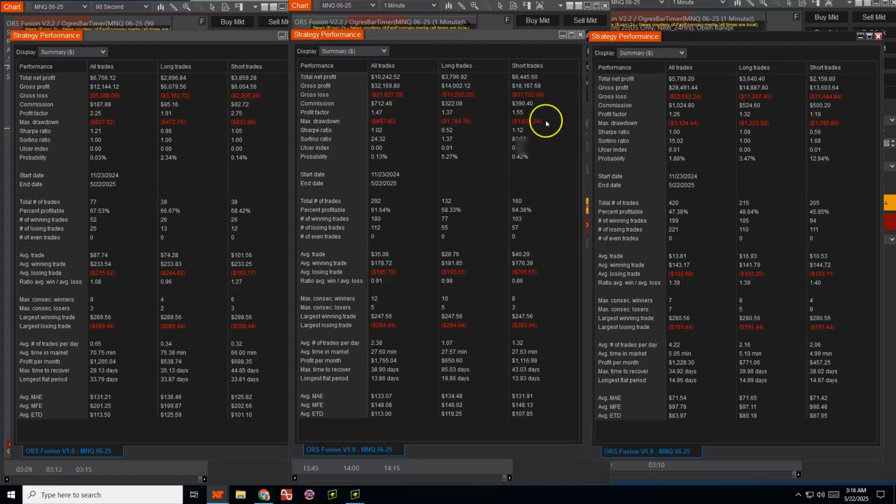But you can't add the drawdowns together, because they're not in order. Anyway, the average winner is about 178. The average loser is about 200. So that's perfect for most 50K accounts. These templates are optimized to the best of my ability for 50K accounts.